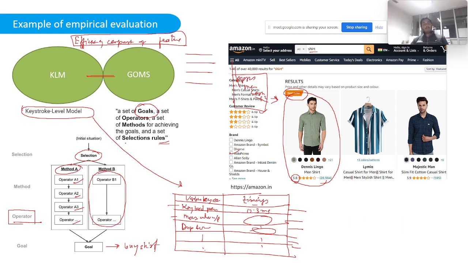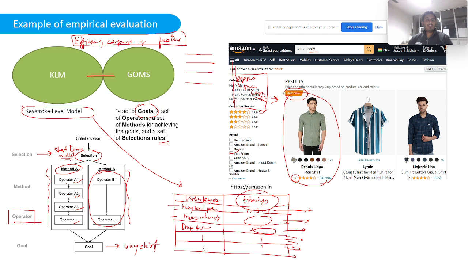Now what KLM GOMS allows you is to sum each of these timings based on your selection. You choose the appropriate timing from this particular chart, and then you add them. So at the end you will have a selection rule: I will choose the shortest time method.